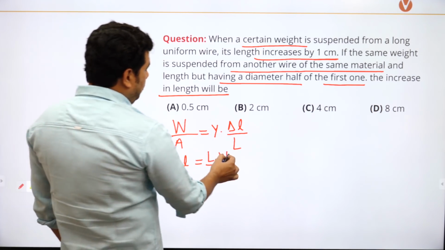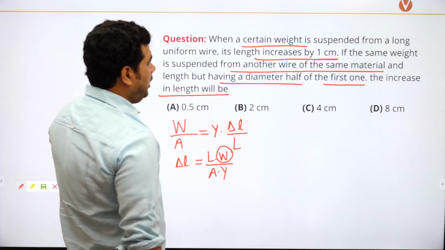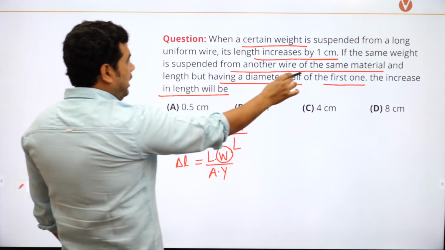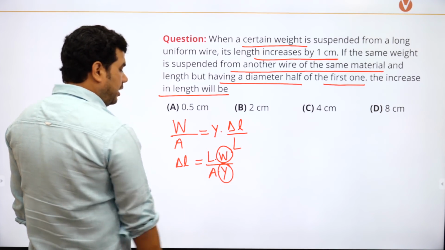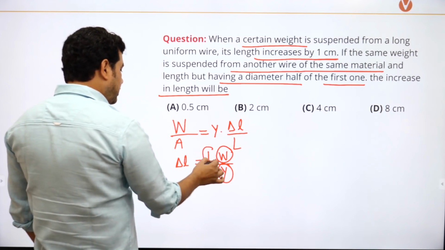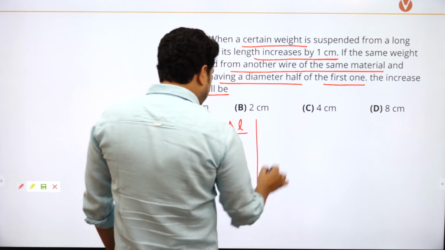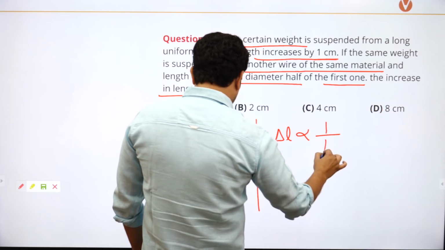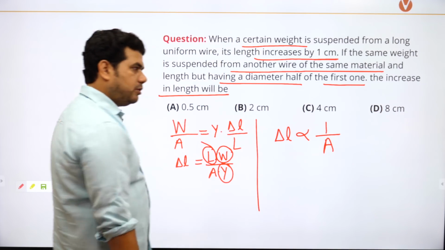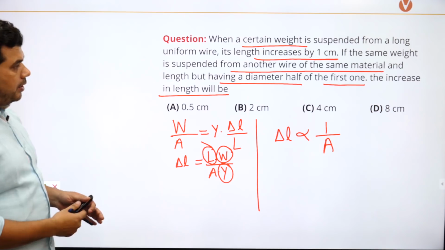Now W is the same. From another wire of the same material and length, Y is the same and L is the same. So we can say delta L is inversely proportional to the area of cross section. Okay? Now see here.